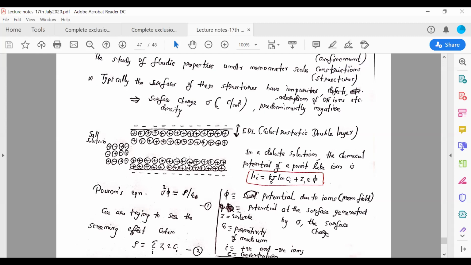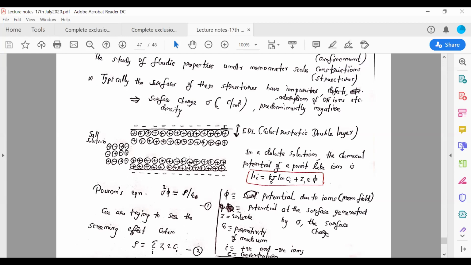In the bulk you have an equal number of positive and negative ions, but inside the nanochannel you have an excess of positive charge because of the surface charge. So you can use nanofluidics, nanochannels, to enhance a particular ion concentration.